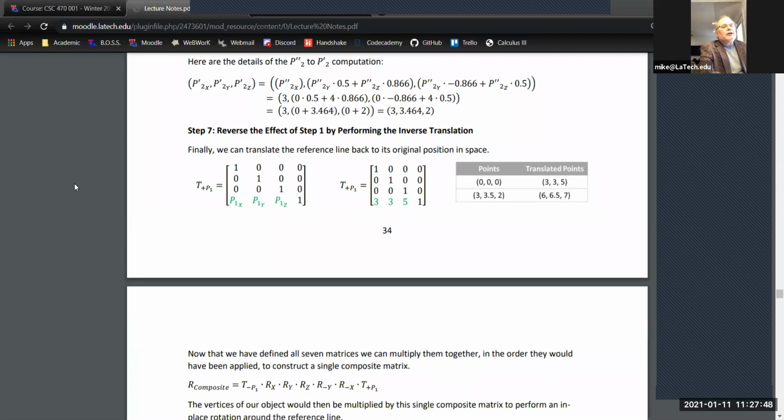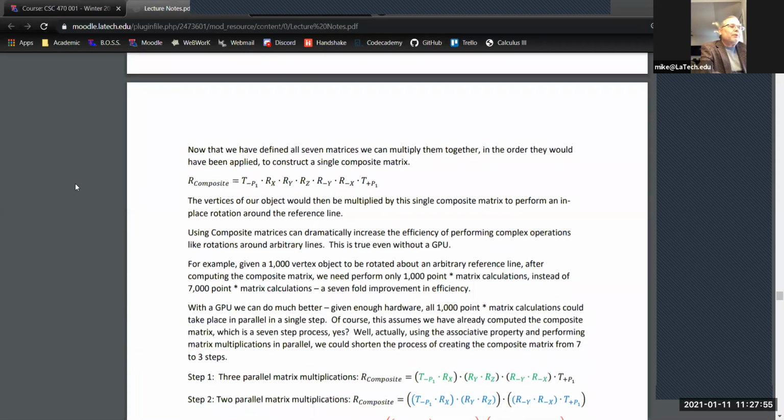Now, why did I do that? I did that so that if you look on the top of the next page, 35, I want to compute a composite matrix that's all 7 of those matrices multiplied together.